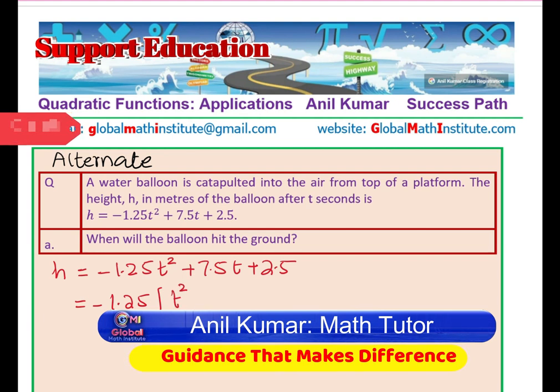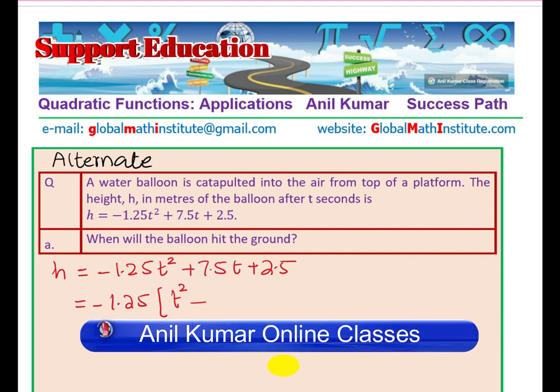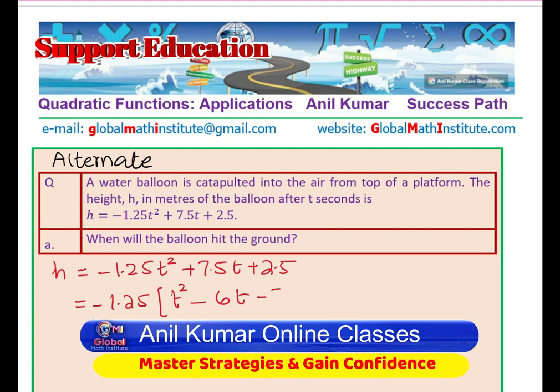If you divide plus 7.5 by minus 1.25, what do you get? You get negative 6t. And 2.5 divided by minus 1.25 gives negative 2. Do you see now? The quadratic equation is so simple.